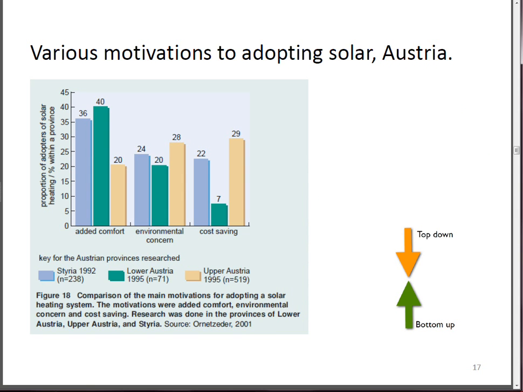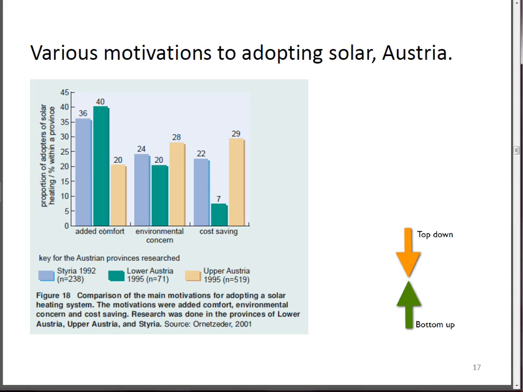And here, figure 18, you can read more about the various motivations for adopting solar energy. In this case, it's in Austria. So obviously, again, it is a bottom-up approach. What we're seeing here is how much added comfort, environmental concern, or cost saving matters, broken down by regions in Austria.